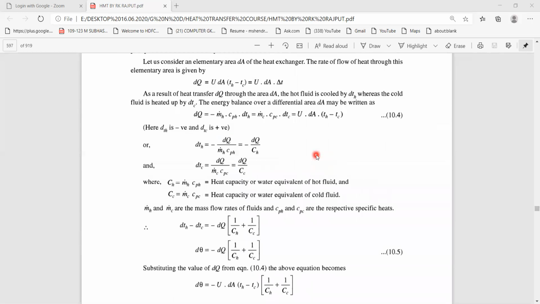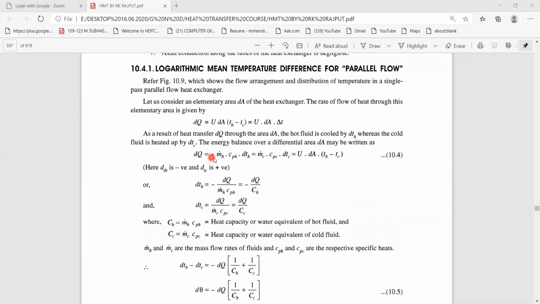This sign convention is very important. Minus m dot h, the mass flow rate of hot fluid, Cph, the specific heat of hot fluid, and dTH is the decrease in the temperature of hot fluid, which is also equal to m dot c, Cpc into dTC.